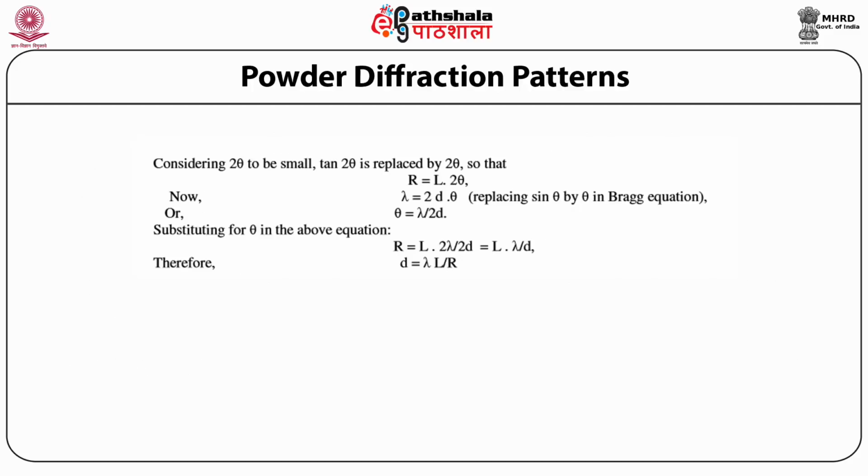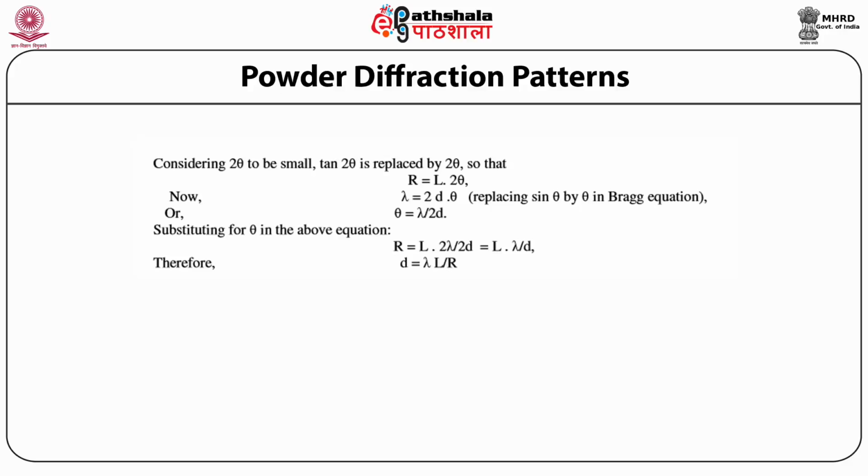Considering 2 theta to be small, tan 2 theta is replaced by 2 theta, so that R is equal to L into 2 theta. Now, since lambda is equal to 2d into theta, if we replace sine theta by theta in Bragg equation, then theta will be equal to lambda upon 2d.